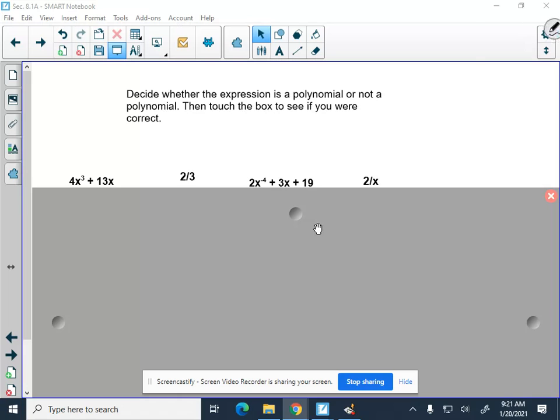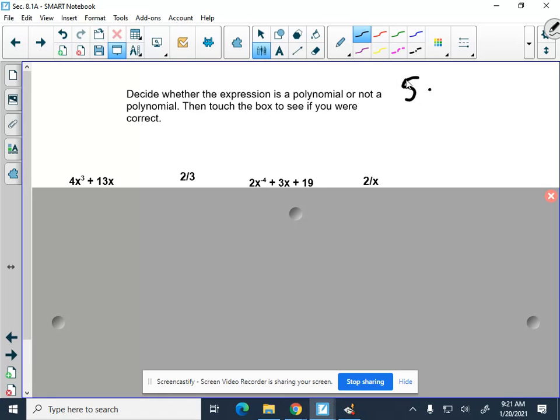Now, we talked about polynomials in the lesson before this. To see if it's a polynomial, here's what makes it not be a polynomial. A polynomial can be something like 5x, but one of the rules is that the exponents have to be whole numbers. If you look back at the definition that we gave yesterday, they have to be whole numbers.